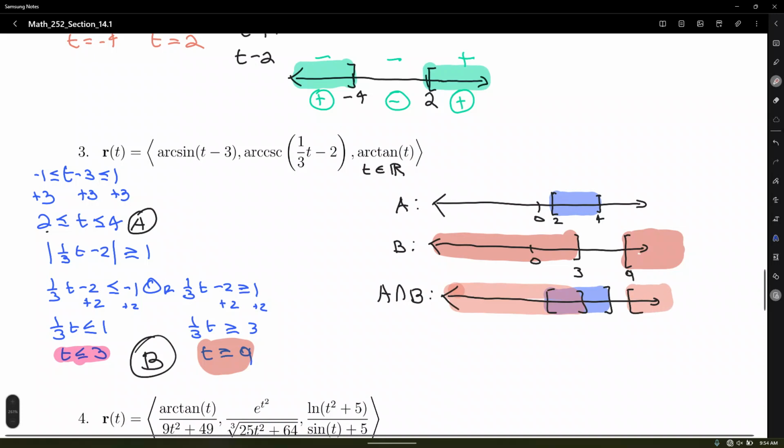Where do the colors overlap? Do you guys notice it's only one interval where the colors blend? That is where the two sets overlap, and that's only between 2 and 3. Right? So the domain is simply between 2 and 3 inclusive. Okay?